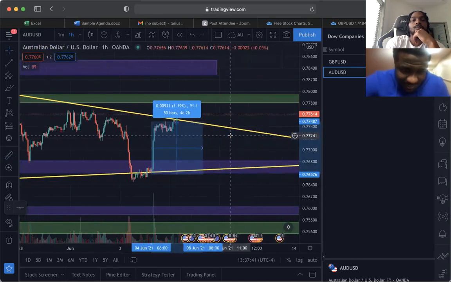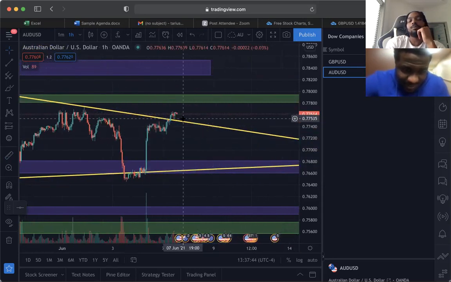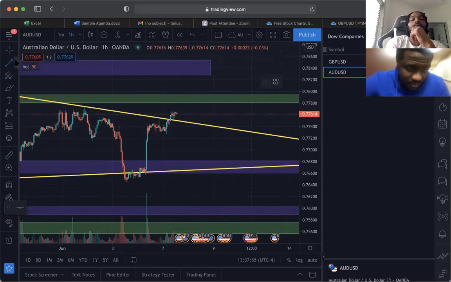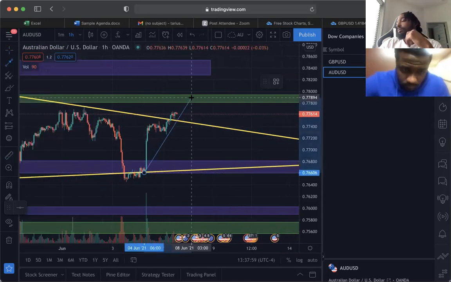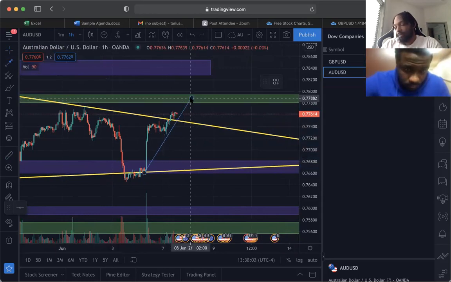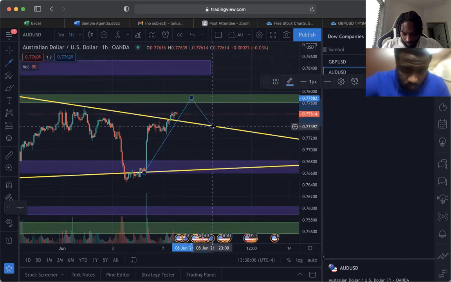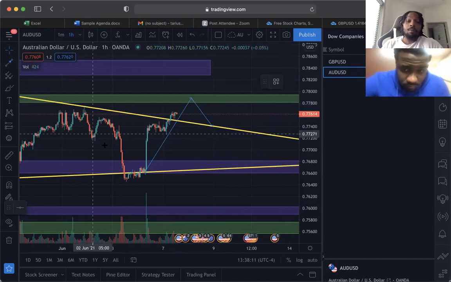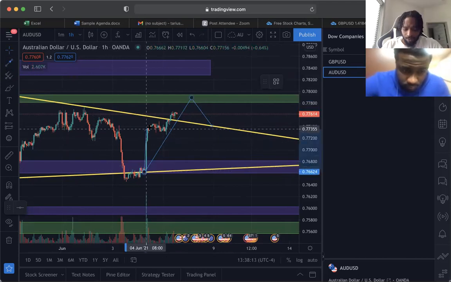Just looking at this, I honestly feel like if it breaks this, it's gonna go to the upside. But if it rejects it, it'll be coming down here. So it may hit one of those. Yeah, I can see it doing that.